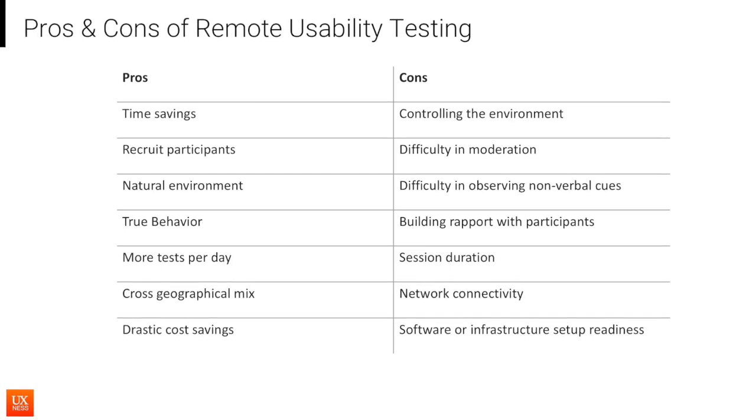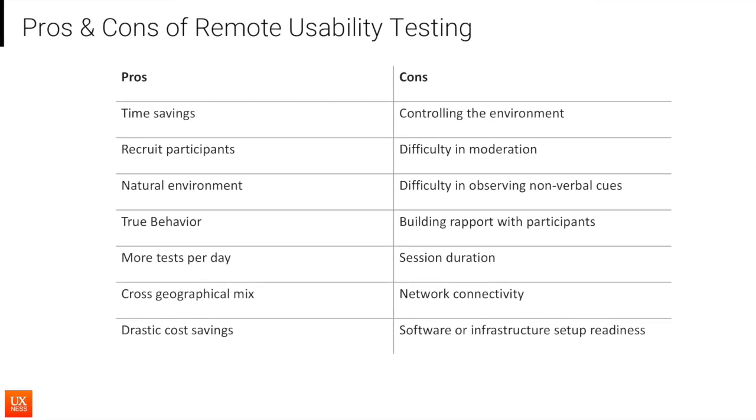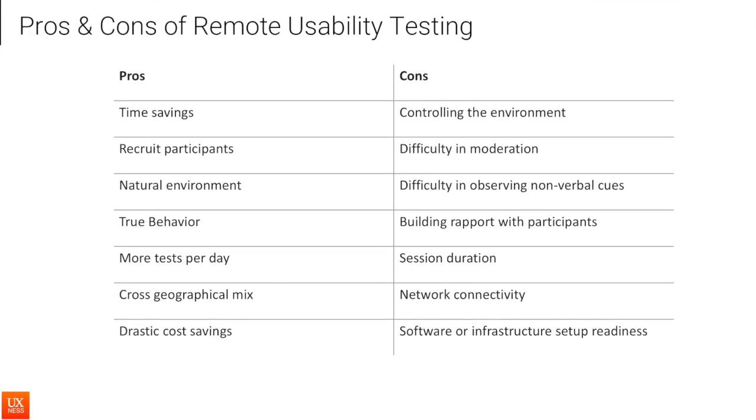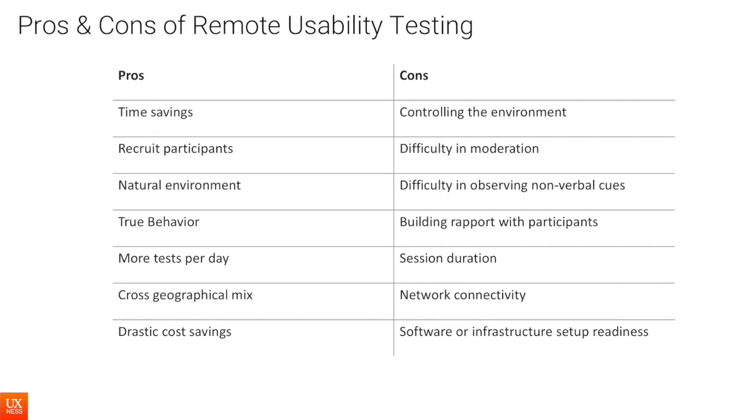All of this saves a lot of time in remote usability testing, especially recruiting participants, because most participants tend to be reluctant to come to your premises for in-person sessions. In remote usability testing, they can perform the testing in their own natural environment without having to be physically present.